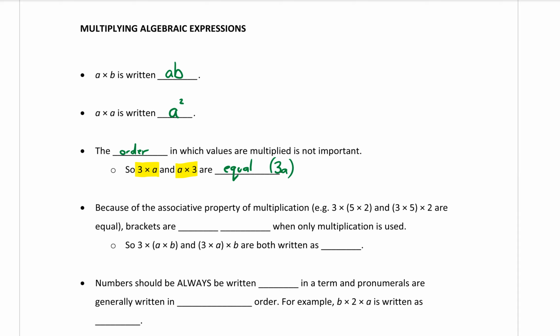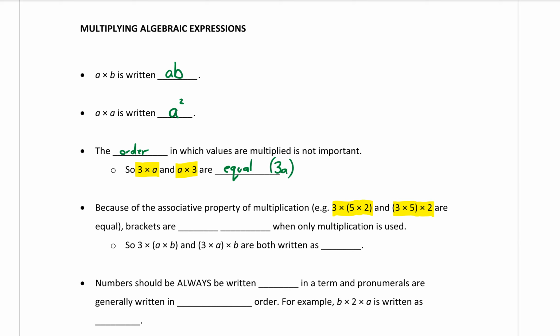So, next dot point. Because of the associative property of multiplication, there's some big words in there, isn't there? So, meaning things like this. 3 times bracket 5 times 2, and 3 times 5 bracket times 2. So we're really doing the same thing, but we're putting the brackets in different places.